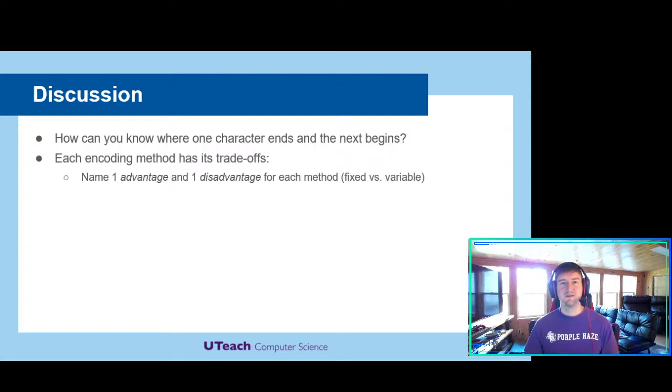Well, the 0 is sometimes, I guess, extra information that we don't have to give. And so we might have to take up more space in a computer if we were using fixed, whereas with variable, it's maybe less space because we don't have to put those leading zeros in. So I don't have to say I'm 031 years old. I'm just 31 years old. So that could be one advantage for using variable.